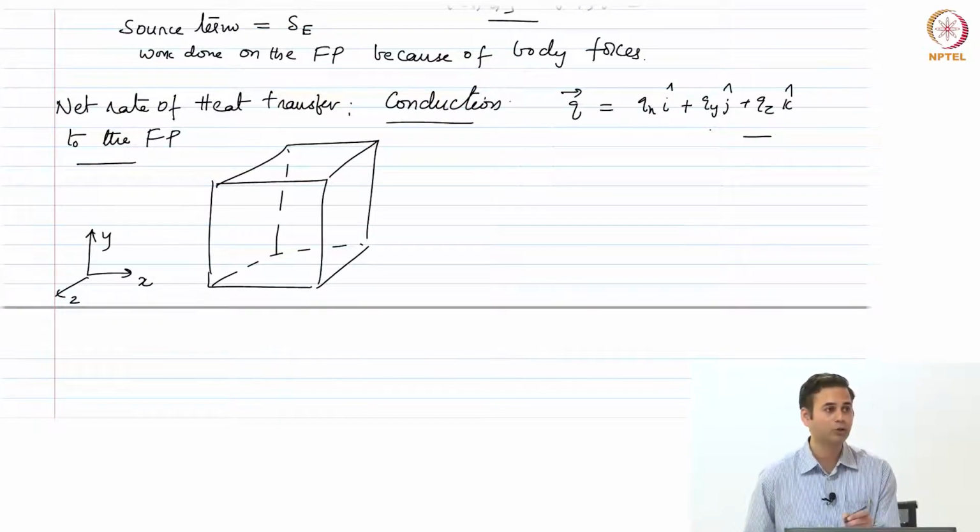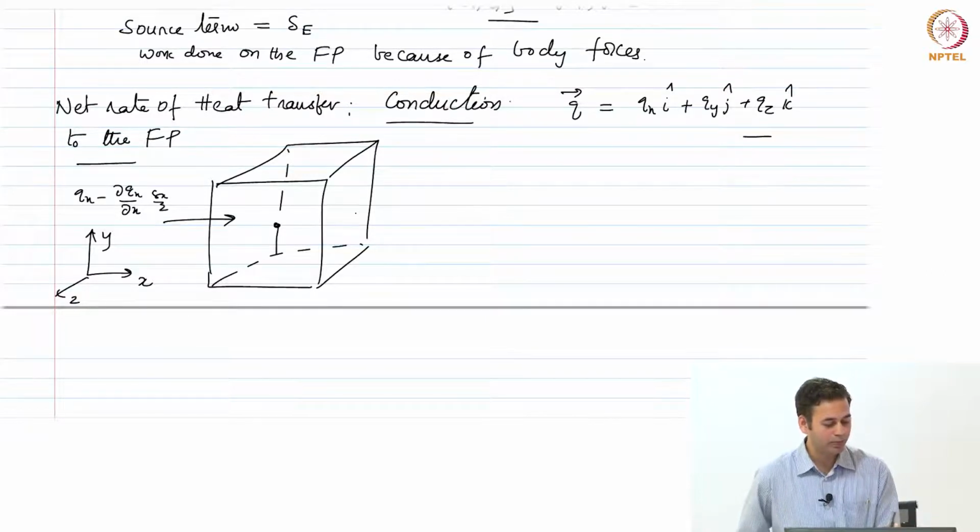Again, if we define this q bar at the centroid, that is at x, y, z, we can reconstruct this on the faces, okay. On the faces, what would that be? That would be essentially the heat flux that is coming in, qx minus partial qx by partial x delta x by 2, and the heat flux that is leaving through the face would be qx plus partial qx by partial x delta x by 2.